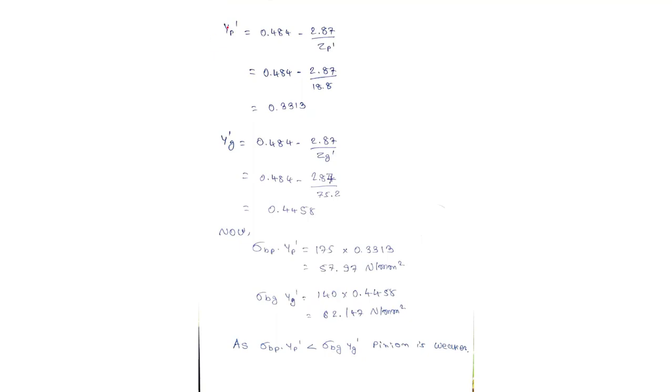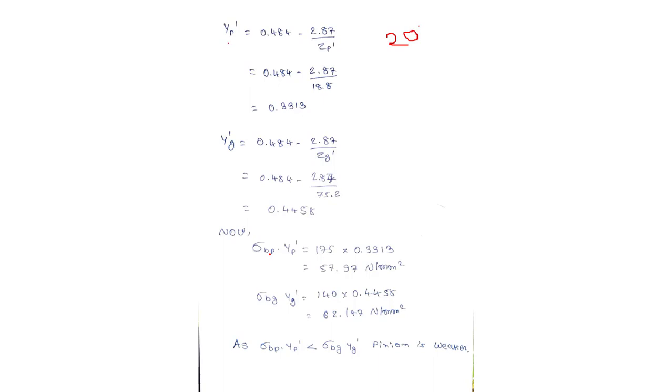Now the Lewis form factor equation for the 20 degree full depth involute is 0.484 minus 2.87 by Zp dash. If the tooth system is not given in the question, we can assume that the default tooth system is 20 degree full depth involute. So we get Yp dash and Yg dash.